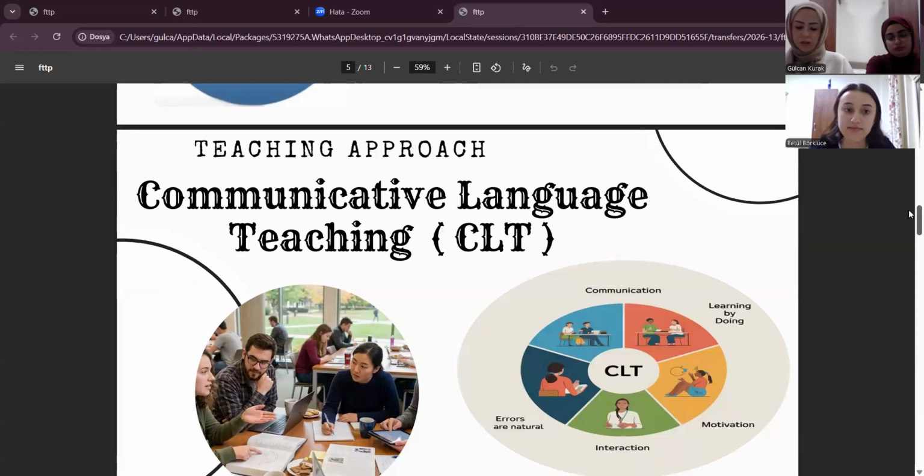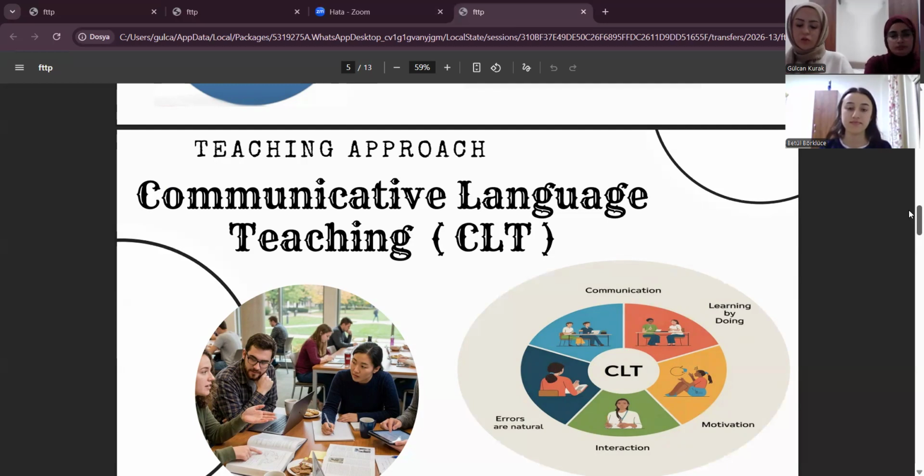Now, how does this theory influence teaching? This brings us to communicative language teaching, or CLT. Based on this theory, communicative language teaching emphasizes communication as the main goal of learning. Instead of focusing on grammar rules, students use language to express meaning in real life tasks and real life contexts.